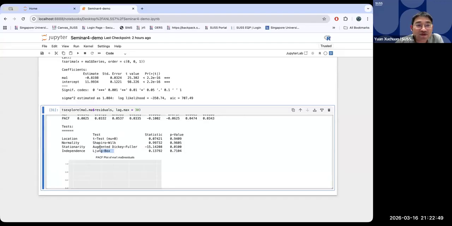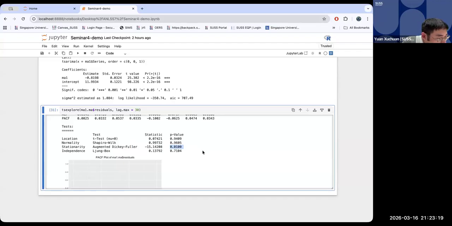And if you look at the stationarity test, the residual seems right. Maybe something is wrong, but the p-value is always 0.01. Seems okay for many cases. So here you can safely say this MA1 model fits this time series quite okay, right? This MA1 model.